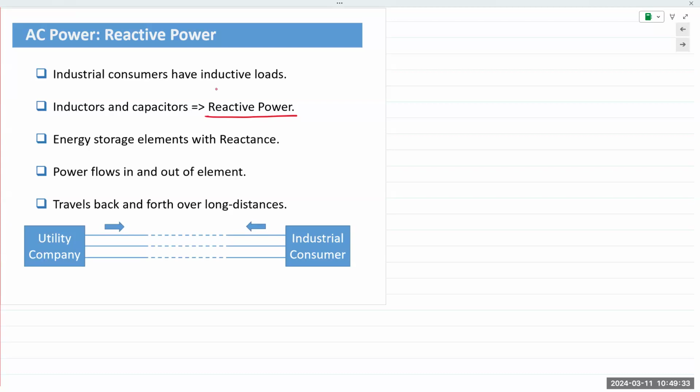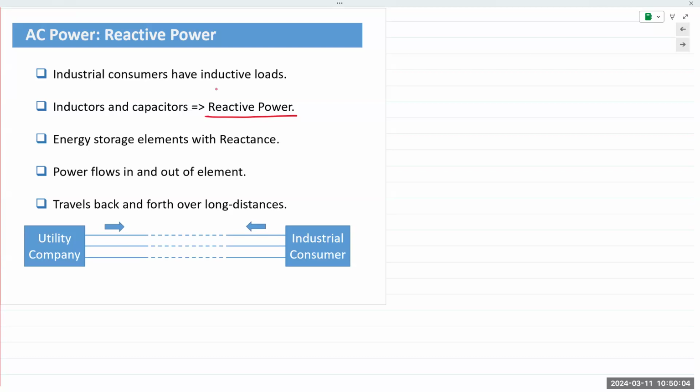But when it's AC power, because we are transmitting energy and because they're energy storage devices, power goes into the inductor, and then in the other half cycle, it comes out. So for an inductor, in the positive half cycle, it receives the power. In the negative half cycle, it sends it back out. For a capacitor, it's the opposite. In the negative half cycle, it receives the power, and in the positive half cycle, it sends it back out. We good so far? Right?